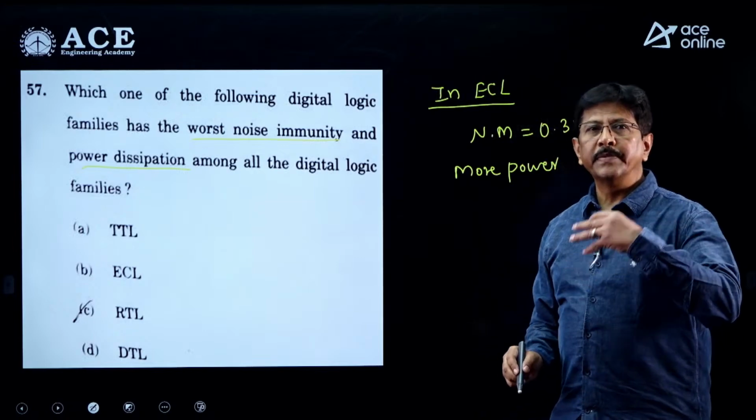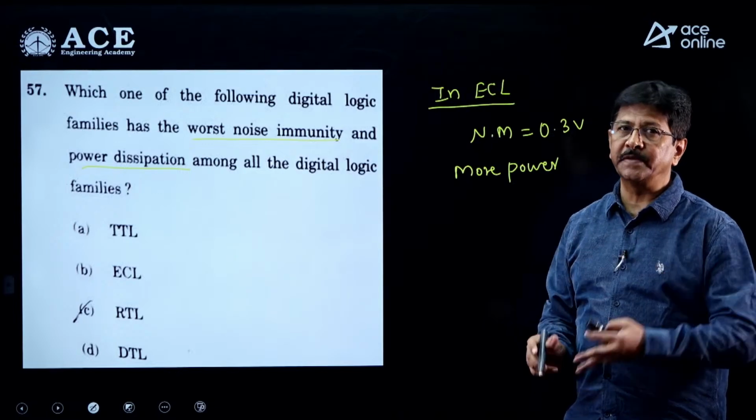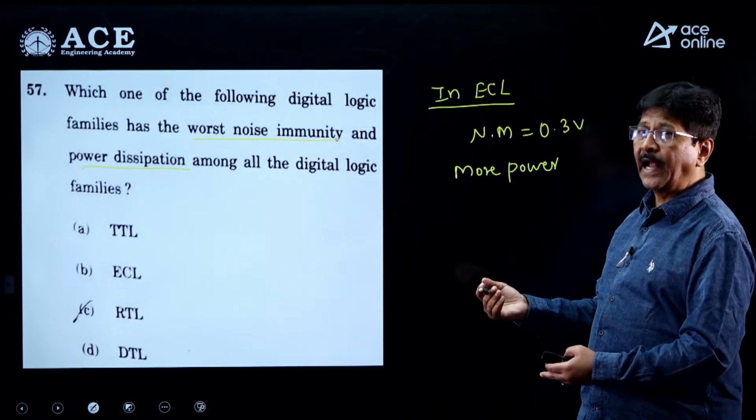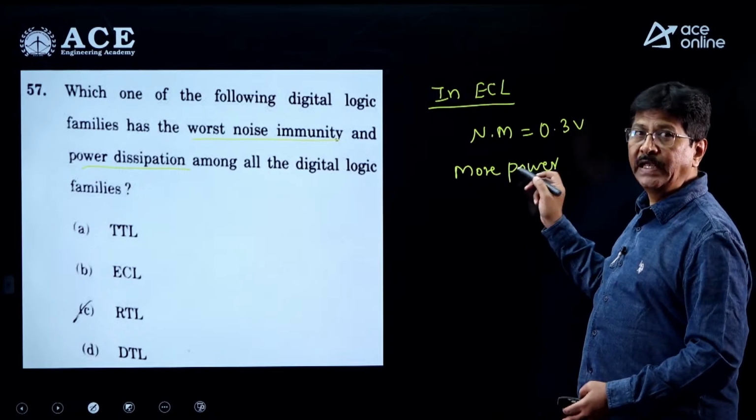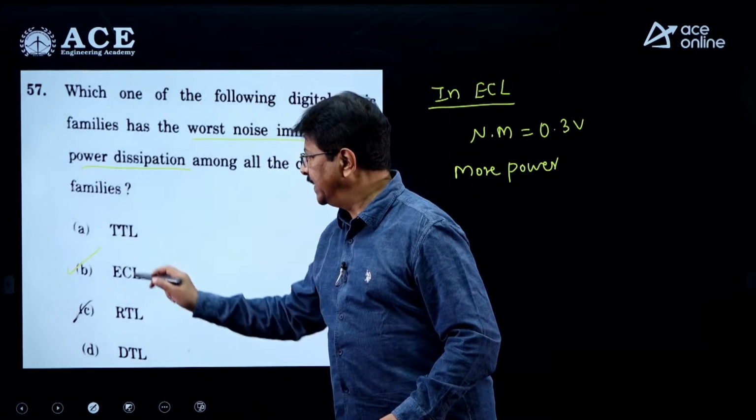The reason is the transistors will operate in the active region here, they are not going to operate in saturation. Because of operating in the active region, the power consumption is going to increase in this logic family. So the correct option is this, ECL.